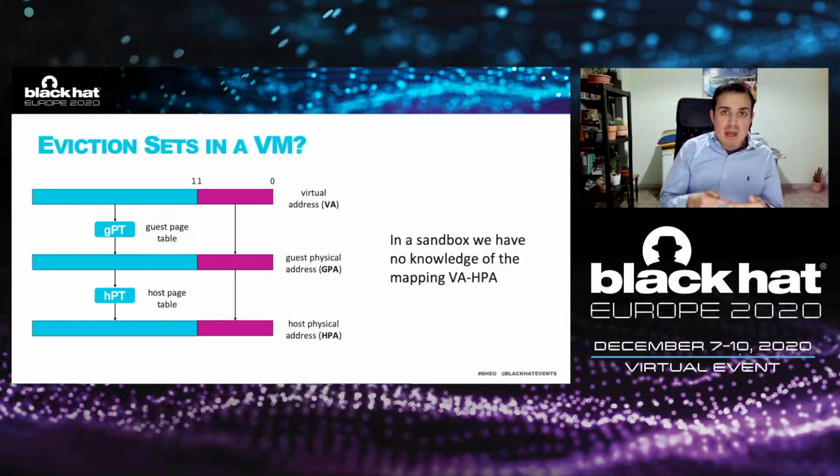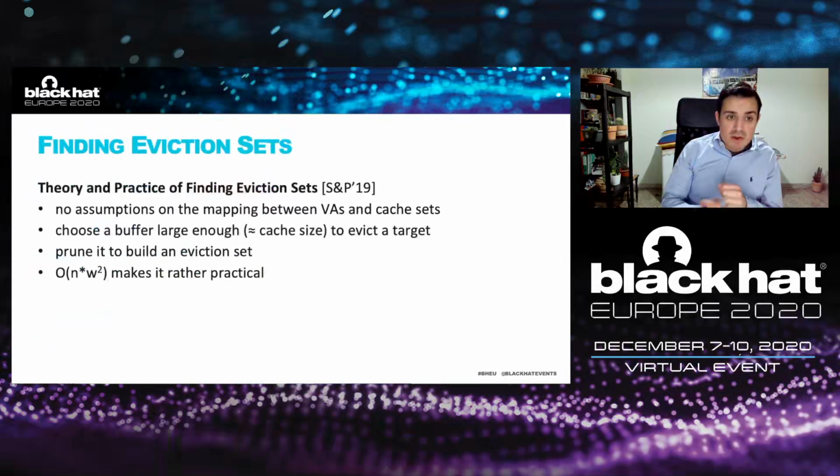And those host physical addresses are the addresses that you use for indexing your cache. And in a sandbox, you can make no assumptions on the mapping between virtual addresses and host physical addresses.